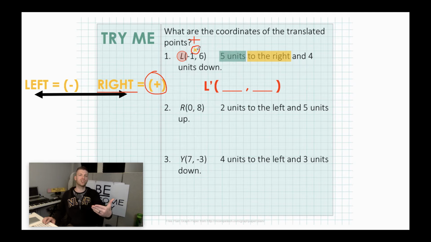How much are we moving it to the right? We're moving it 5 units to the right. So let me bring it down here and summarize this. We're taking -1 and adding 5, or going to the right 5. So -1 plus 5 equals 4.